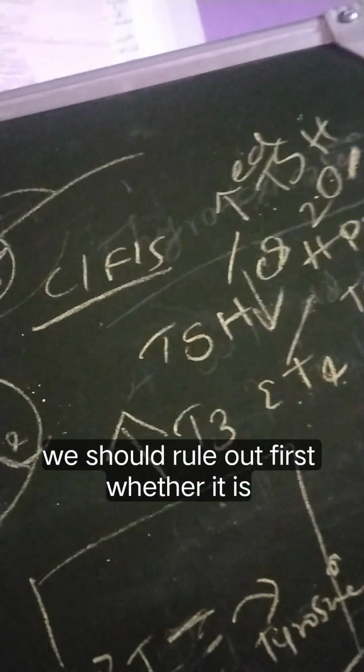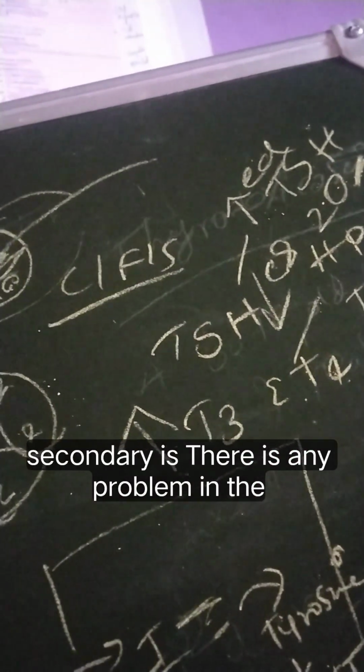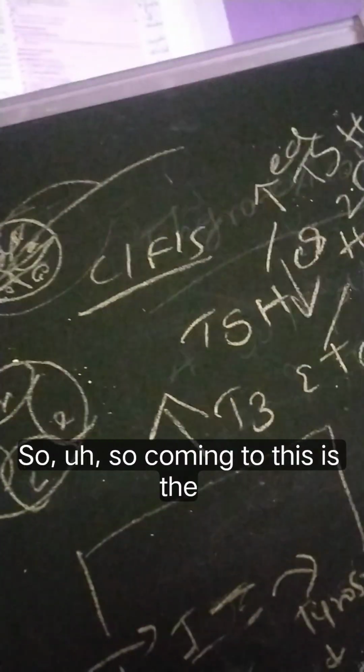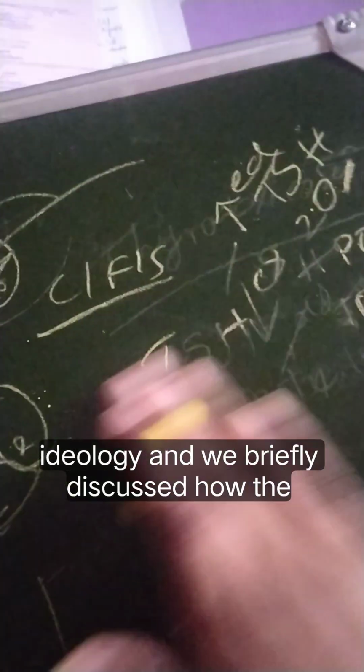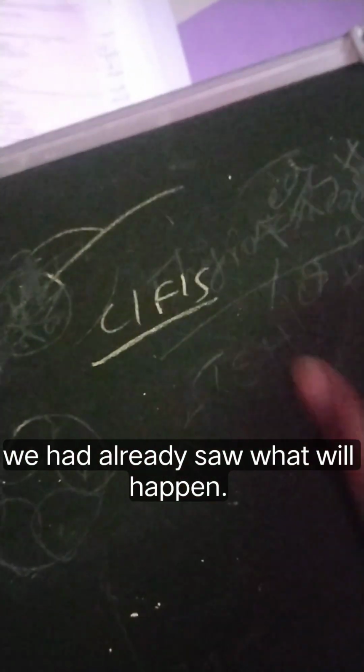So we should first rule out whether it is primary, a problem in the gland, or secondary, a problem in the pituitary. This is the etiology, and we briefly discussed how T3 and T4 are synthesized.